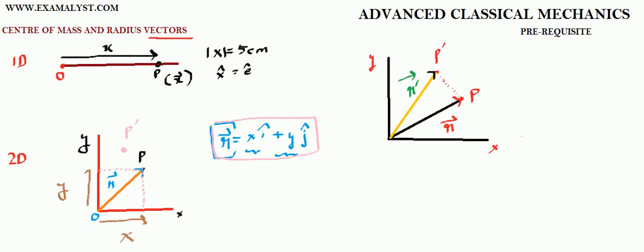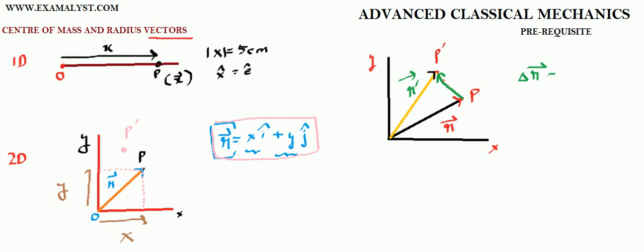Now if somebody asks you what is the displacement of P, then the displacement of P is written by a vector del r. Del r means from P to P dash. The distance from P to P dash is given by the del r vector.